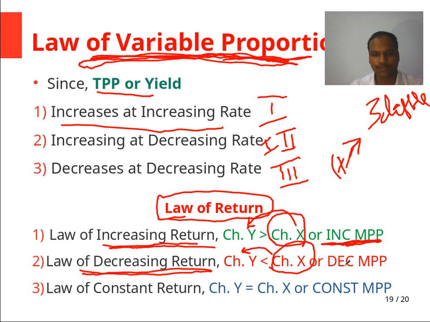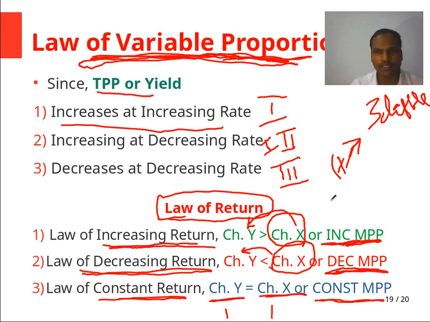So we will get decreasing MPP. And constant return means the proportionate change will be there. So when we change 1 unit, here also 1 unit will change. So constant MPP we can get. So this is law of variable proportion or production curve, classical production curves.